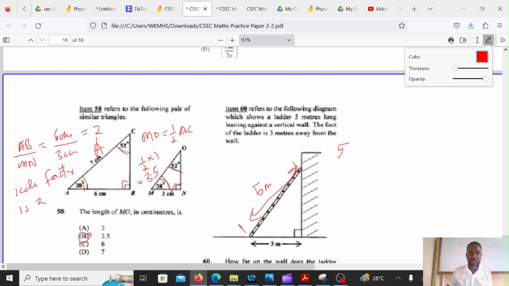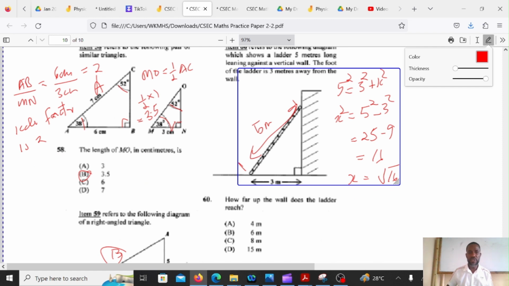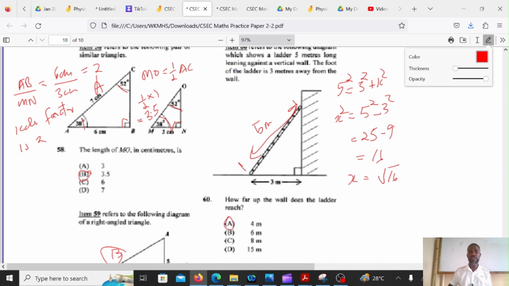So 5 squared is equal to 3 squared plus x squared. So therefore, x squared is equal to 5 squared minus 3 squared. So 5 squared is 25 minus 9 is equal to 16. So x is going to be equal to the square root of 16. Square root of 16 is equal to 4. So our answer here is 4, which is A.